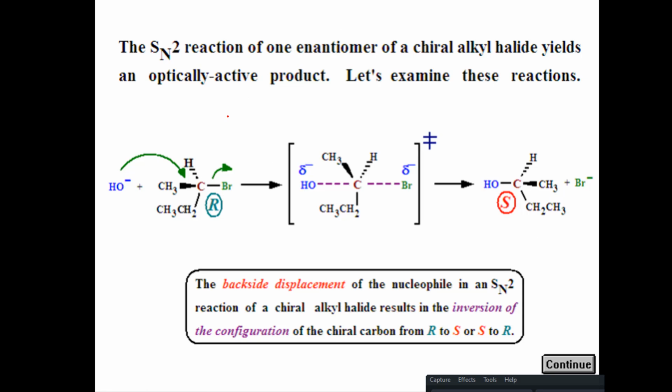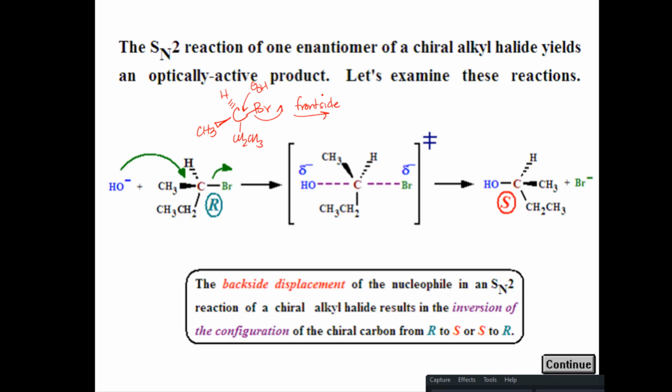Now, the way we know that backside attack occurs as opposed to front side attack, and let me just draw what would front side attack look like. Front side attack would be if I took this molecule with my halogen leaving group and I reacted it with something like hydroxide, I could say, well, why doesn't hydroxide come in and kick the bromine off from the front side?